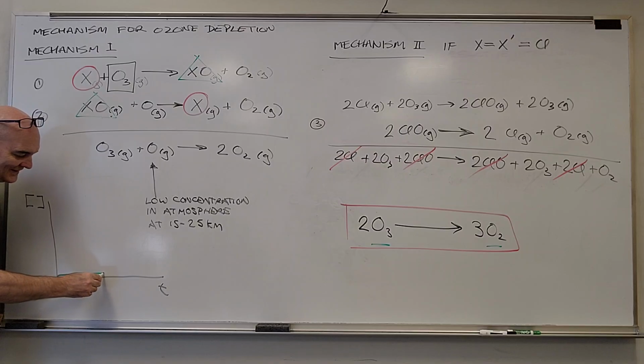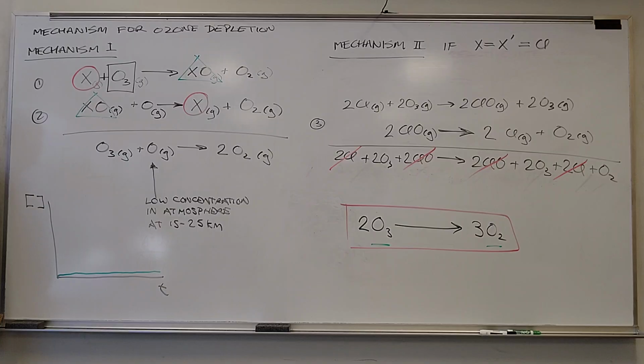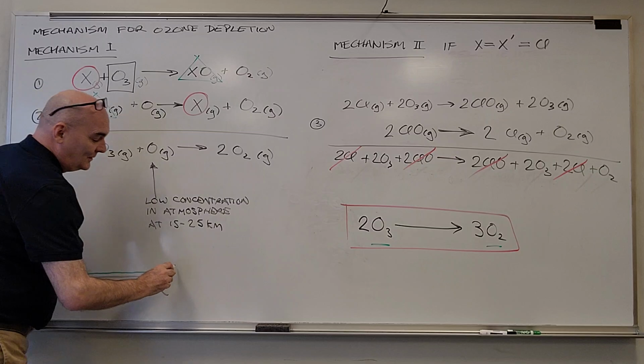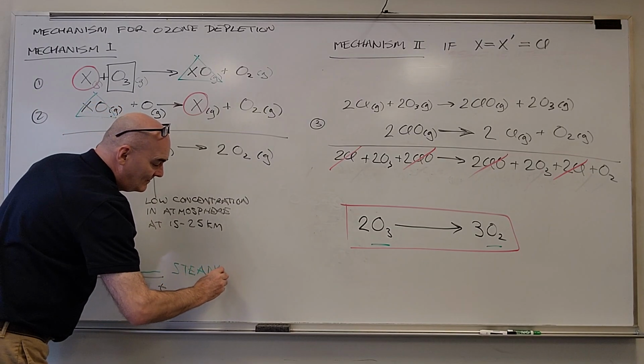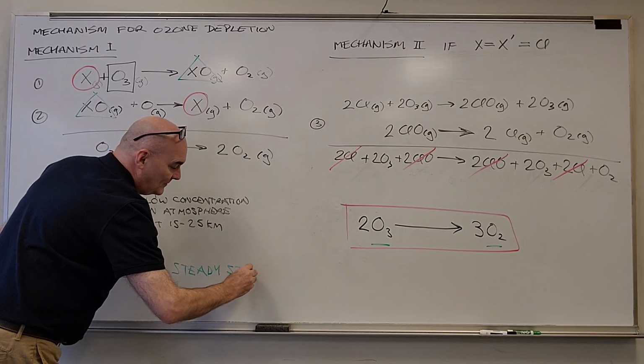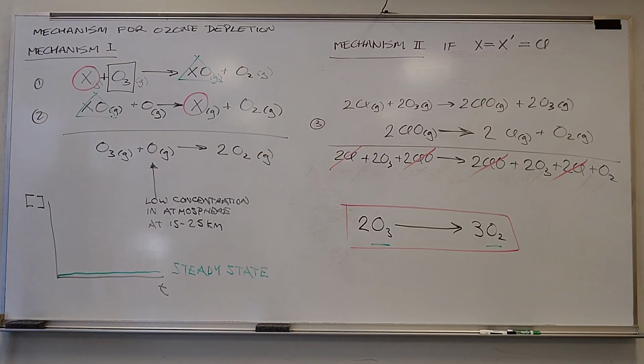It pops up, but then steady state. It's being made and consumed and made and consumed in a reaction that goes around and around in a loop. We know that there's none at the beginning, and then during this reaction, the concentration never needs to get big.